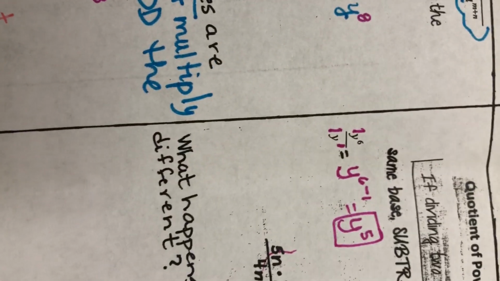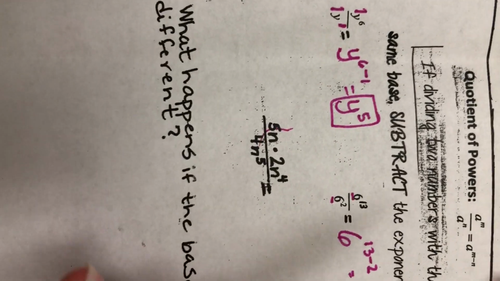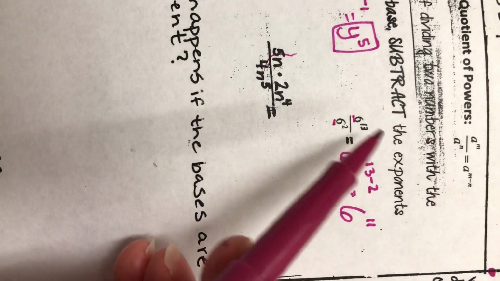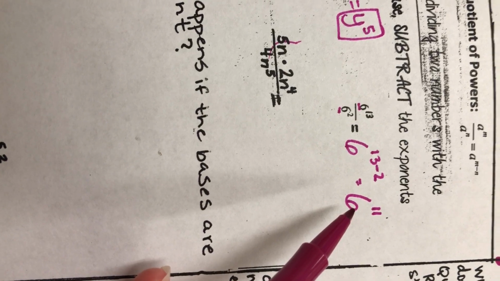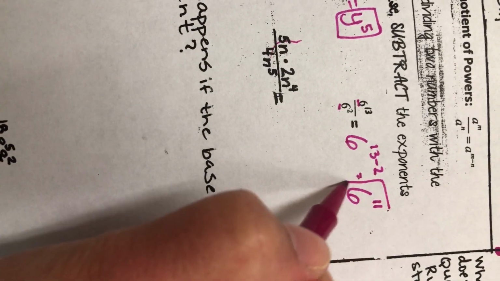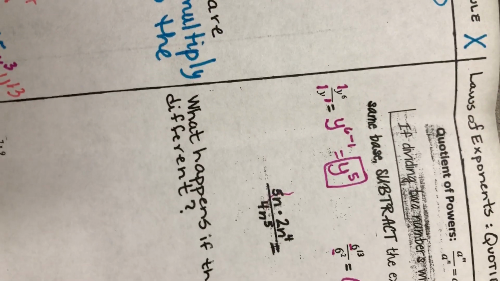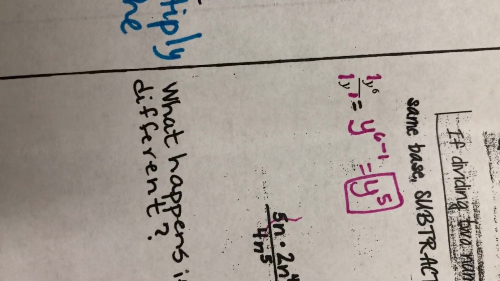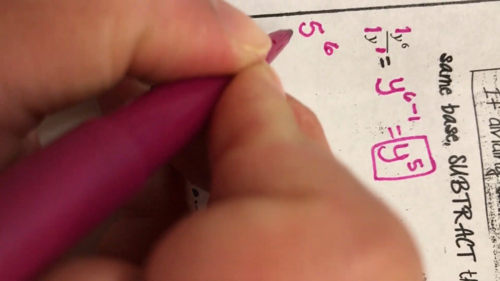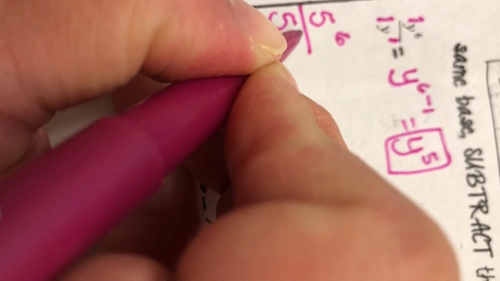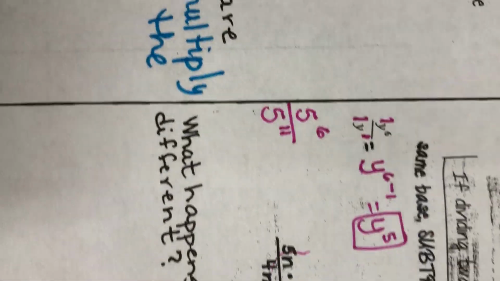All right. Now, one note that I want you to keep in mind, I started with a fraction, but I don't have a fraction anymore. So question is, am I ever going to continue with a fraction? And the answer is yes. So let me give you an example of that. So let's say I write 5 to the 6th power over 5 to the 11th power.